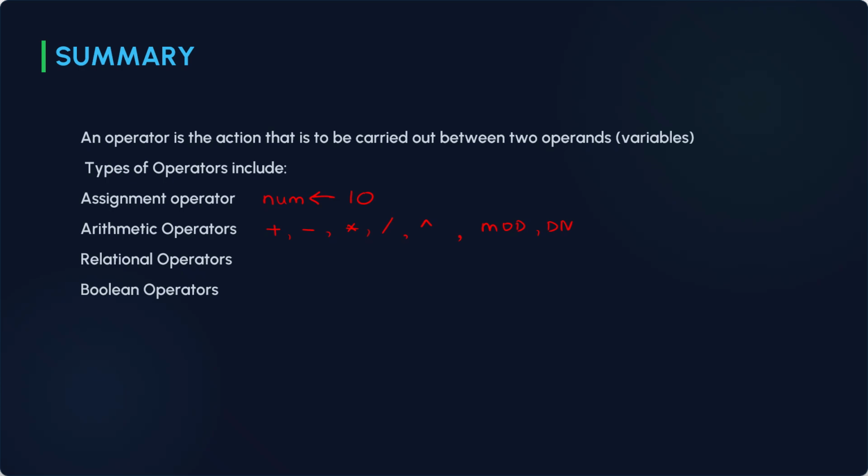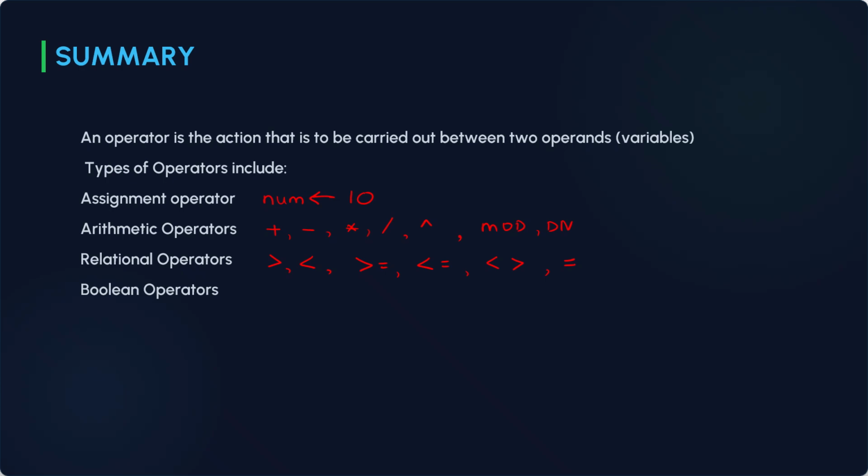Relational operators include greater than, less than, greater than or equal to, less than or equal to, not equal to, and equal to. They show the relation, or the comparison, between two variables.